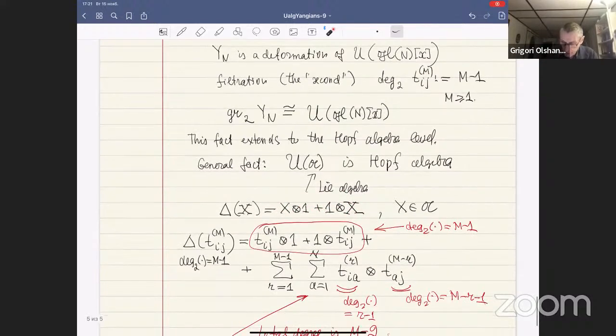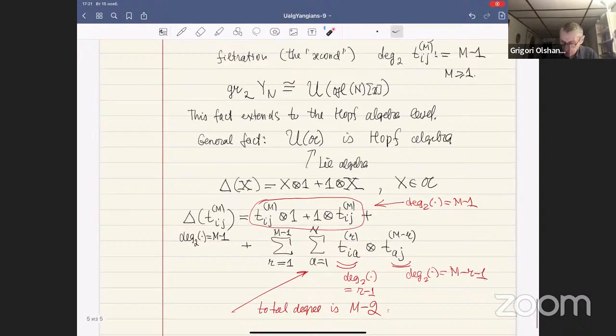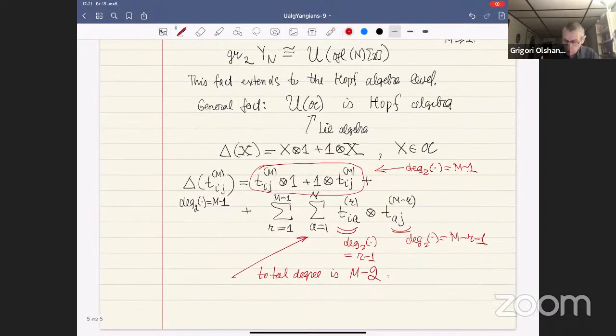I recall that these elements, I also want to observe, it is also important, that under our procedure, it turns into an element of a Lie algebra.